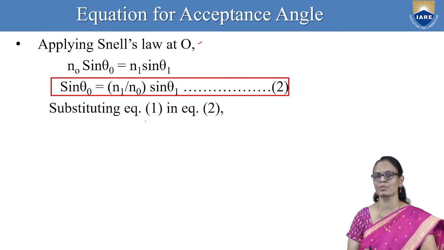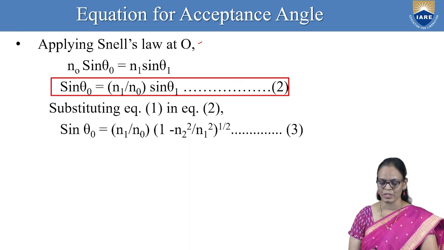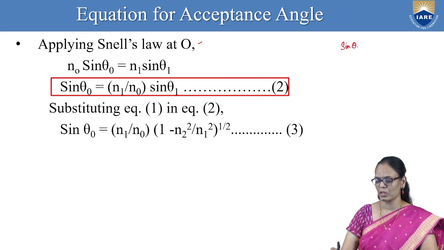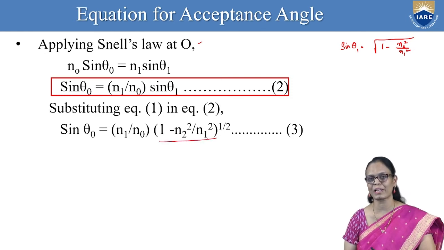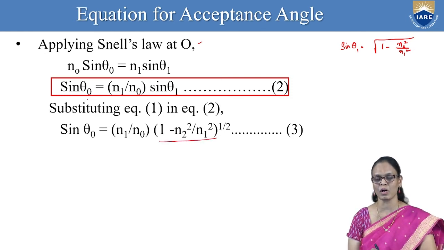We are going to substitute equation 1 into this. What is our equation 1? Sine theta 1 is equal to under root 1 minus N2 square upon N1 square. So we are substituting for sine theta 1 from equation 1. So we have sine theta naught is equal to N1 by N naught under root 1 minus N2 square by N1 square.